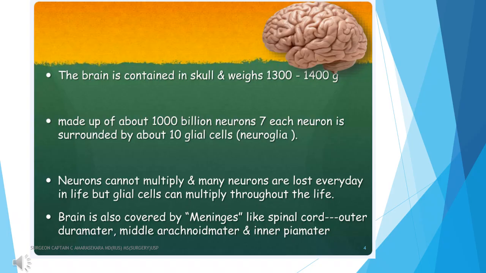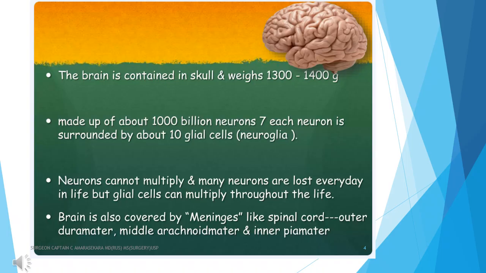At microscopic level, the brain contains around 1000 billion neurons, each one a specialized cell capable of transmitting electrical impulses. Surrounding these neurons are glial cells, or neuroglia, which outnumber neurons by roughly 10 to 1.